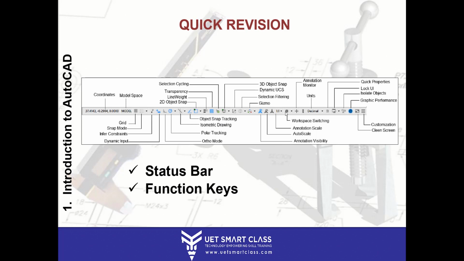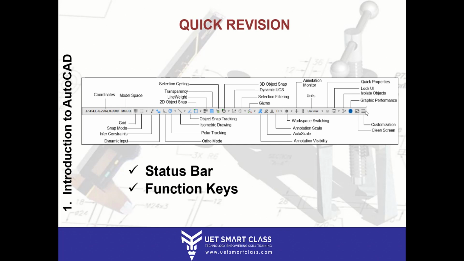Then we also have some 3D tools here like Gizmo 3D tool, 3D object snapping and isometric drawing. We also have some annotation buttons for scaling and auto scaling and visibility of the annotation, and we have a button for full view of the workspace.